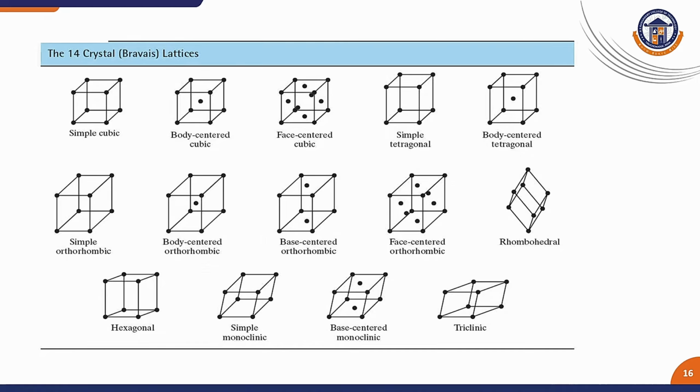Examples, copper, aluminum and gold. These structures influence density, slip planes and mechanical behavior. These 14 ways of periodic arrangement in the seven crystal systems are called Bravais lattices.